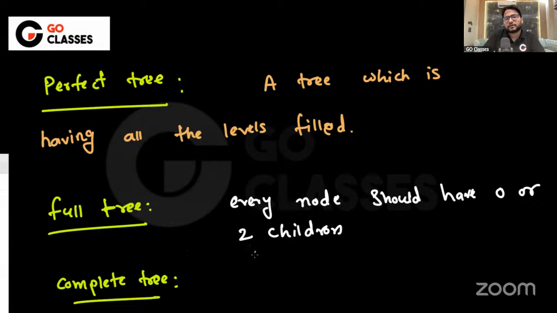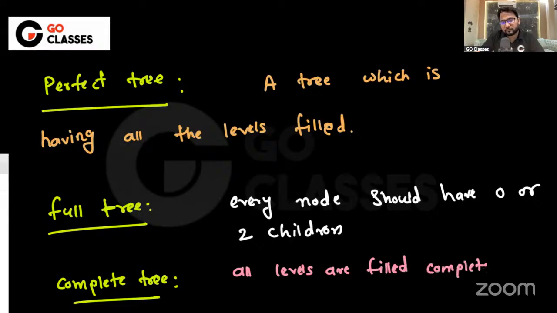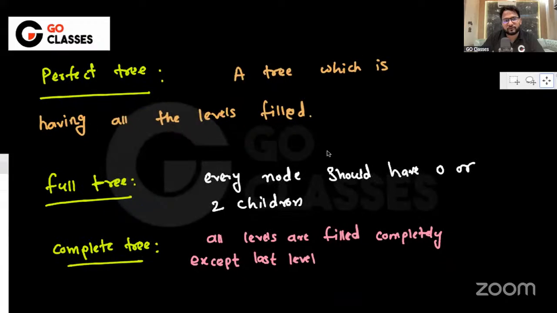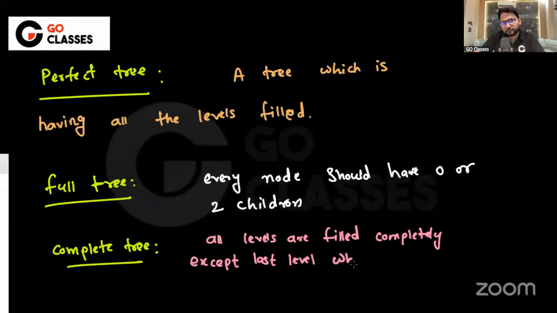A complete tree says that all levels are completely filled except the last level, which is filled left to right. Okay, you might know these definitions.